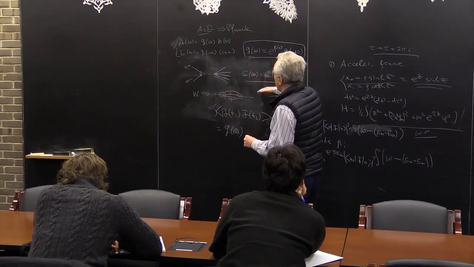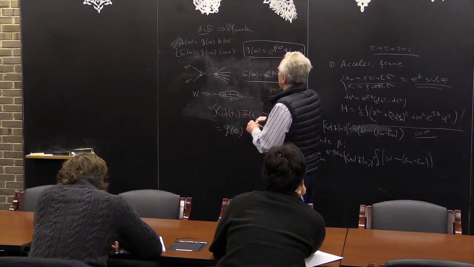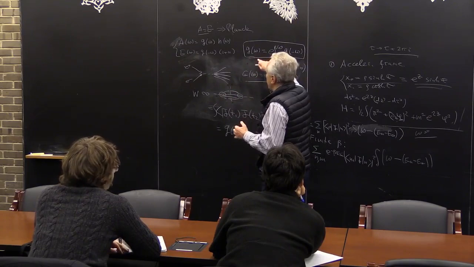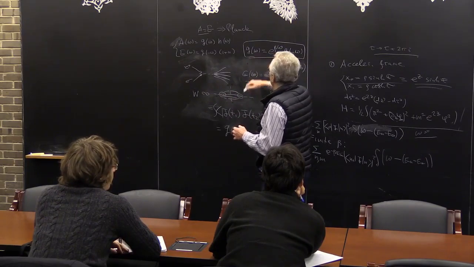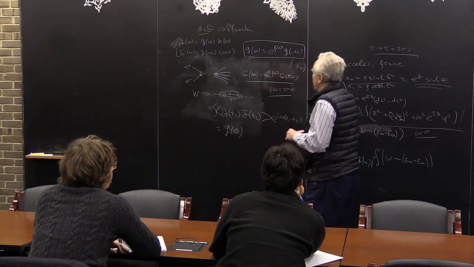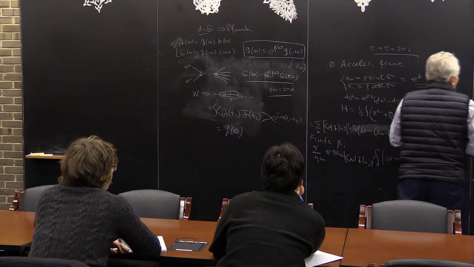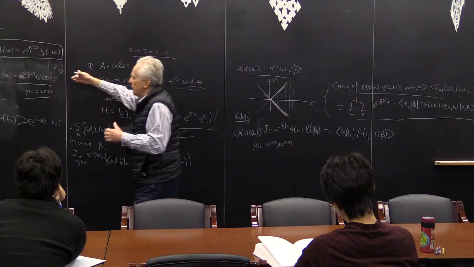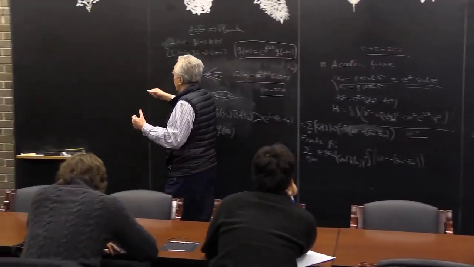The reason I'm going through this is that I think it's good to understand its genetic relation to the Einstein formula for real frequency. When you analytically continue to imaginary, you get this.